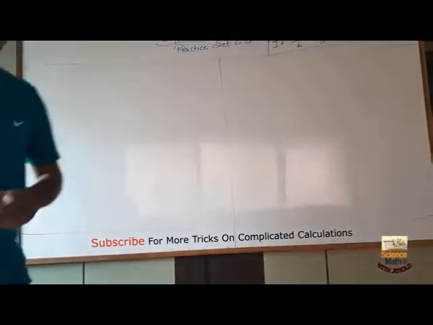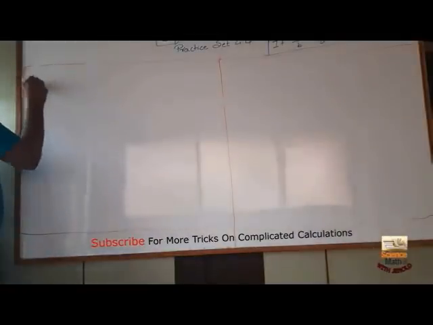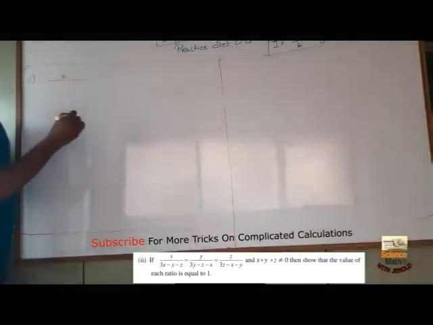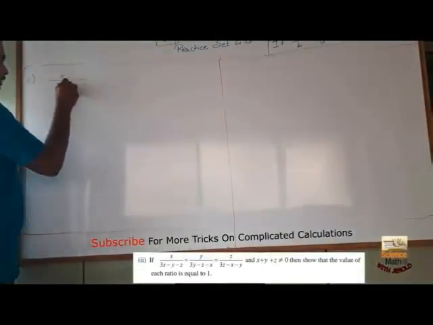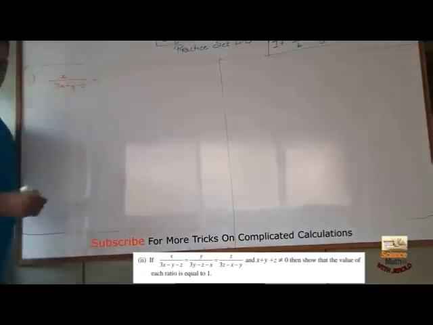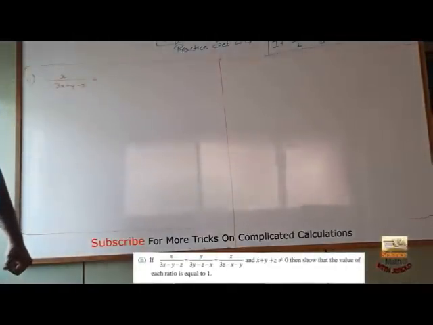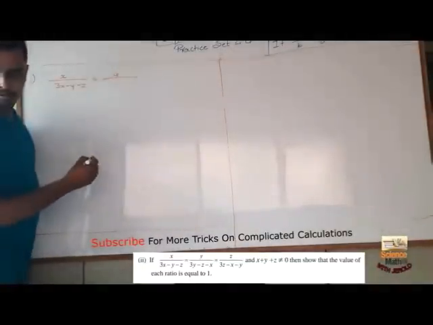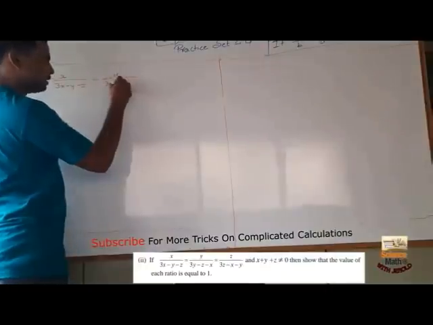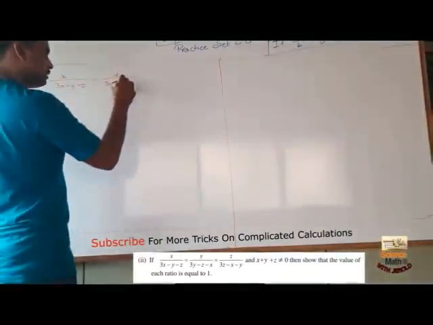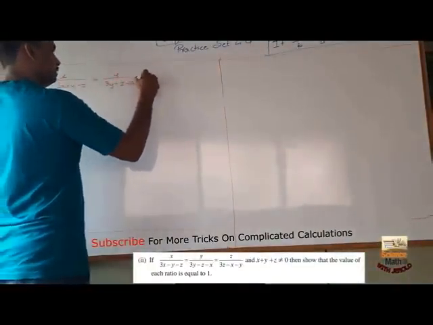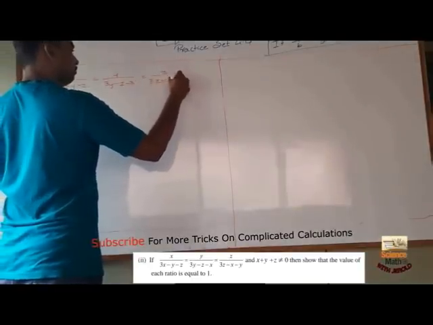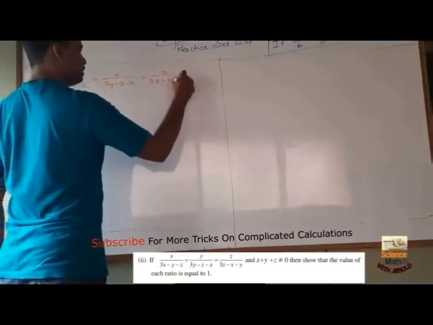So the last sub question in this practice set that we are supposed to solve is x upon 3x minus y minus z is equal to y divided by 3y minus z minus x is equal to z upon 3z minus x minus y.